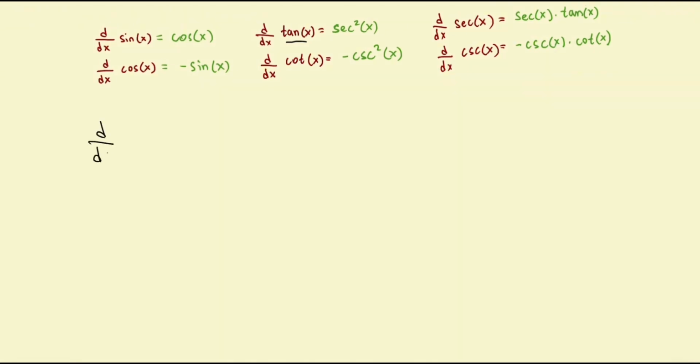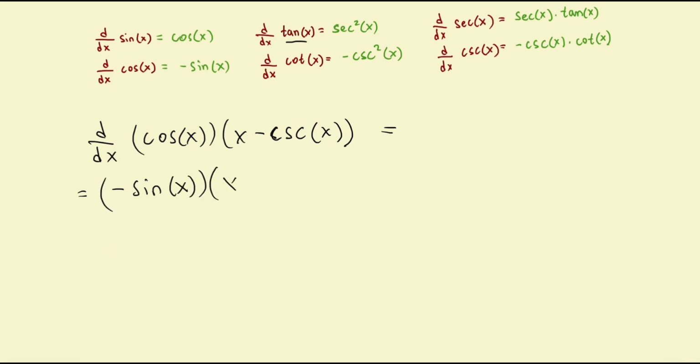Lastly, we'll derive cosine x times x minus cosecant x. Here we use the product rule and find the derivative of the first function, which is negative sine x.